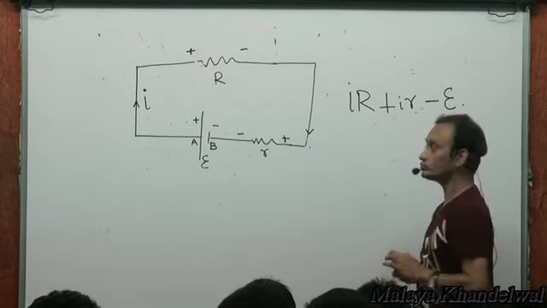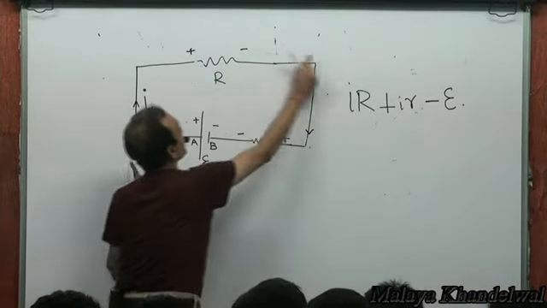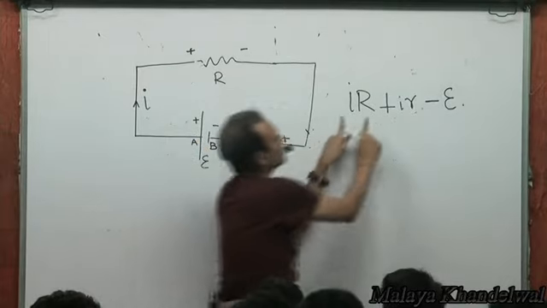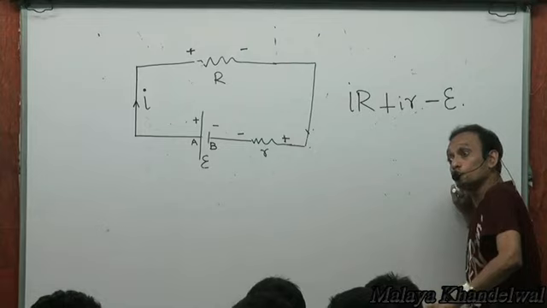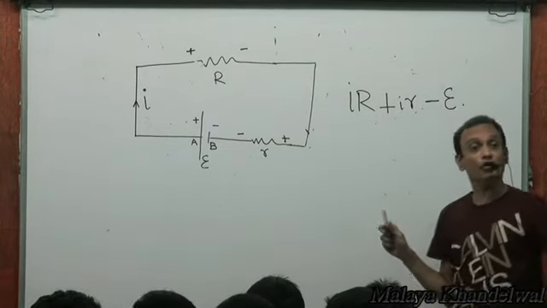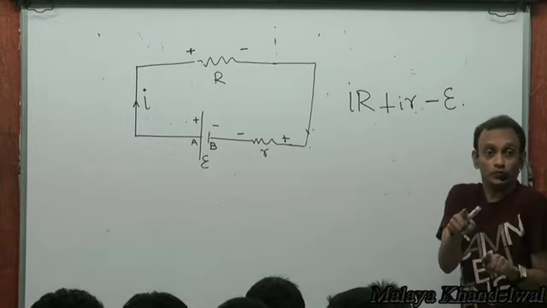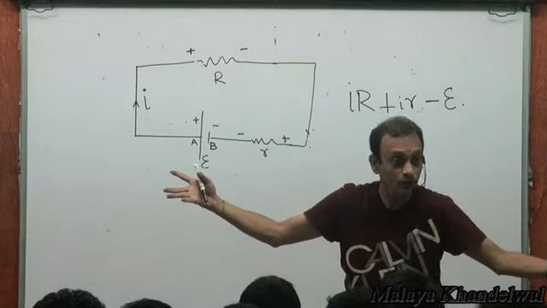So now, in the process, you have started from A and come back to A. This is the sum of the drops from A to A. This is a closed loop. Electric field is a conservative force field. In a closed loop, the algebraic sum of the potential drops must be 0, right?